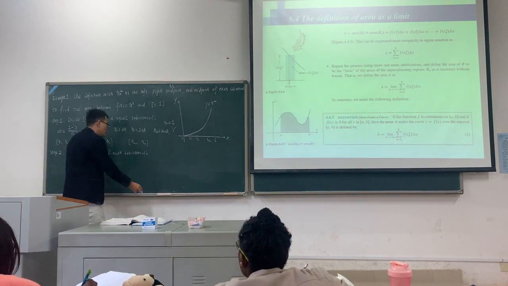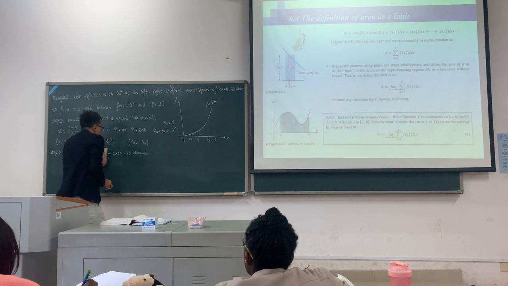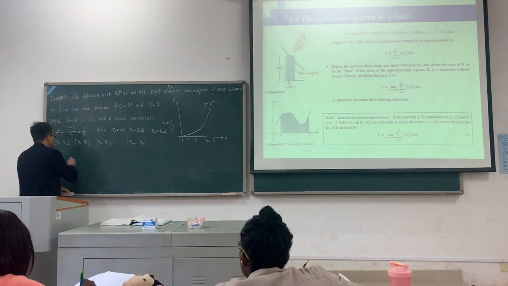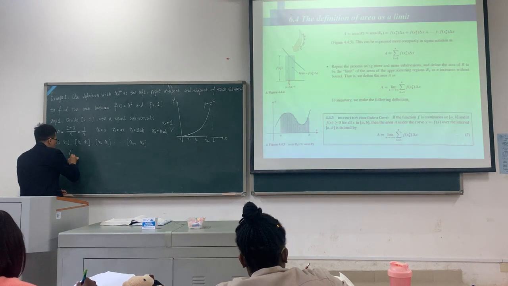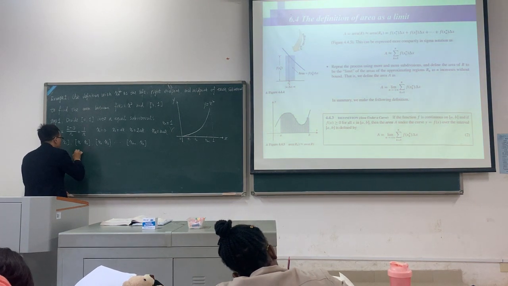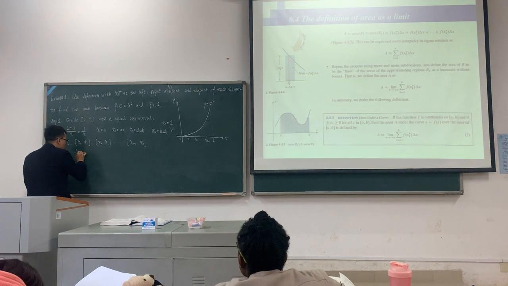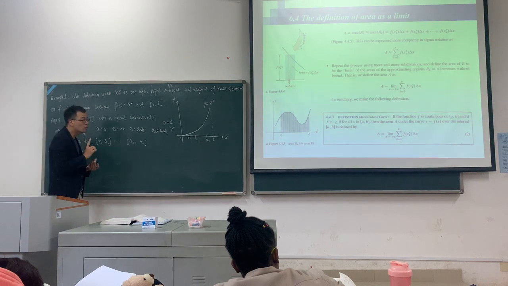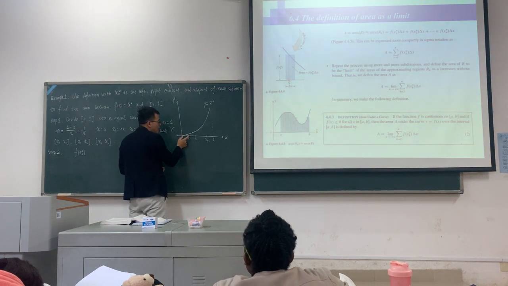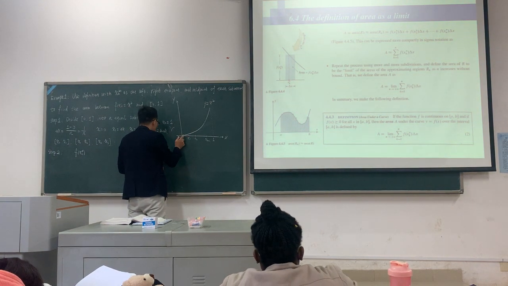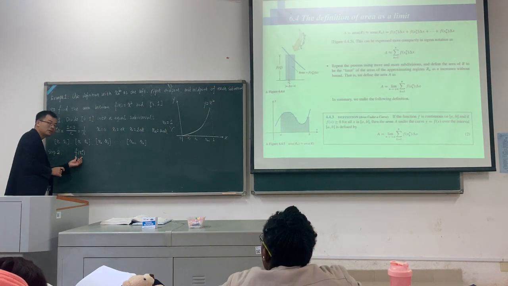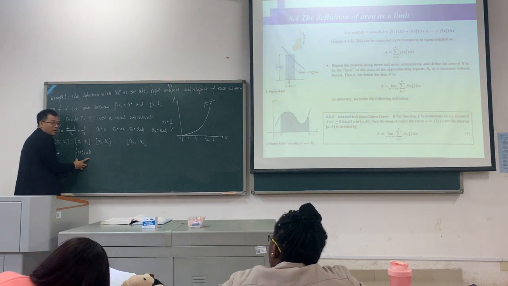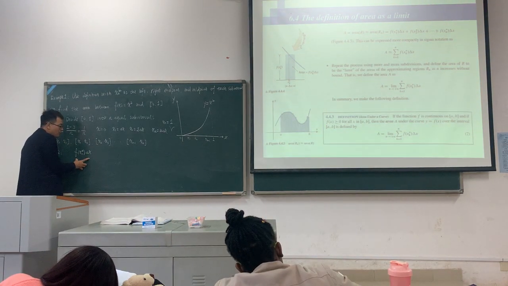So no, I'm sorry here. For the rectangle we choose f(x1 star), and this is the first subinterval, and we use it as the height times the width. So this is the area of the first rectangle.